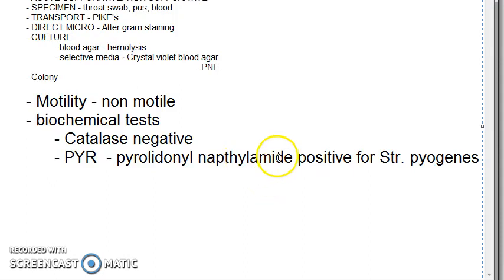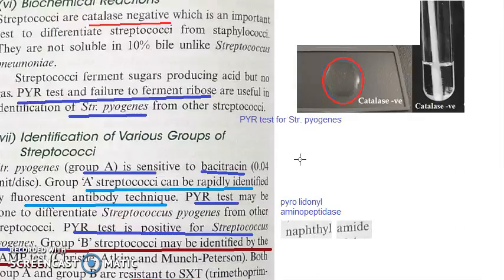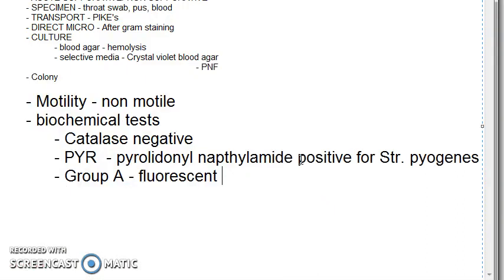Then moving to group A. How will you identify group A? Group A you will identify by fluorescent antibody technique. Group B you will identify by, come on, wake up guys, don't sleep off.